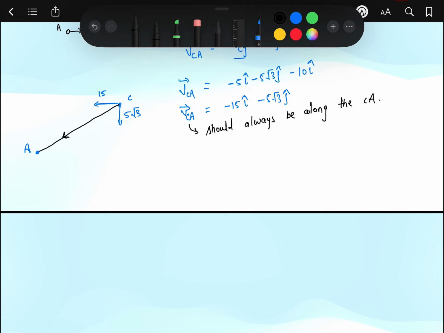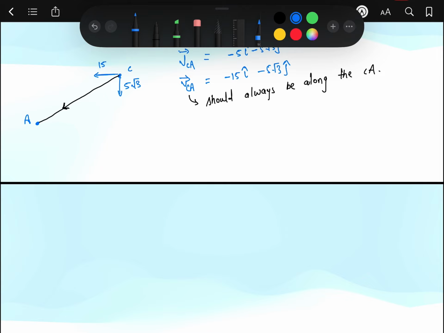Since we can easily find the magnitude of this relative velocity, VCA magnitude will be equal to root under 15 square plus 5 root 3 square. So this will be 225 plus 75, that is root under 300, which is equal to 10 root 3 meter per second.